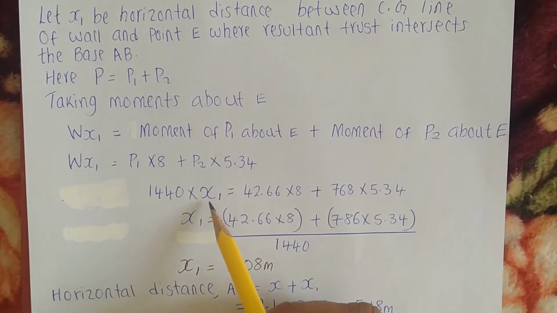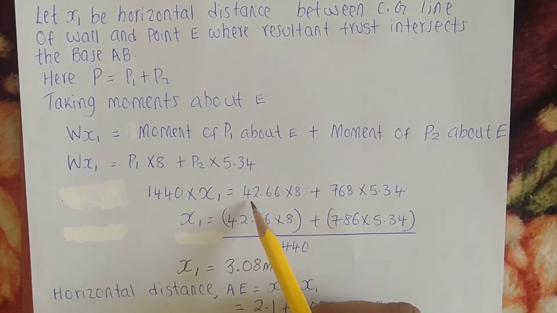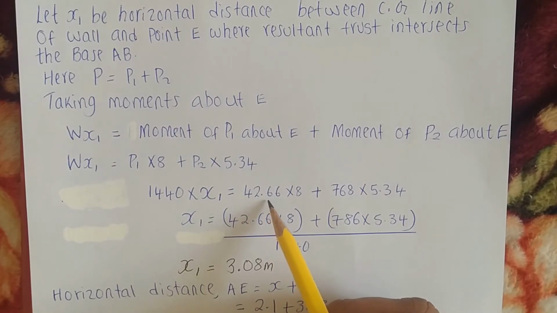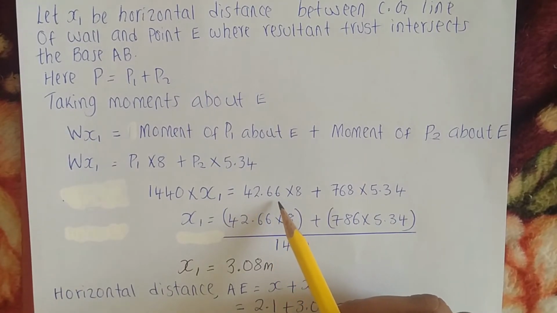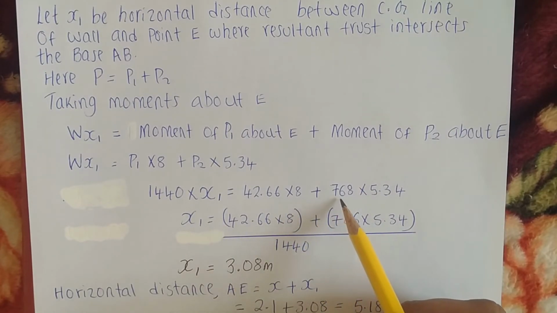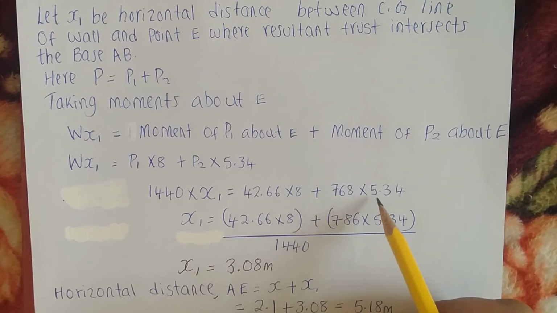1440 multiplied by x1 is equal to 42.46 multiplied by 8 plus 768 multiplied by 5.34.